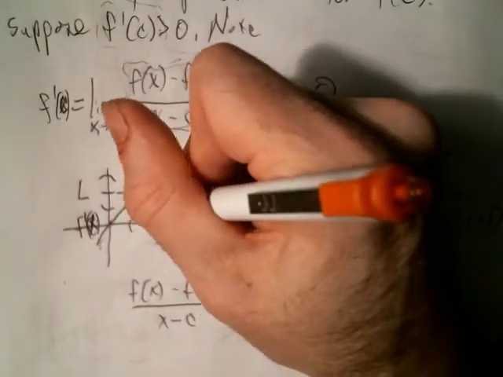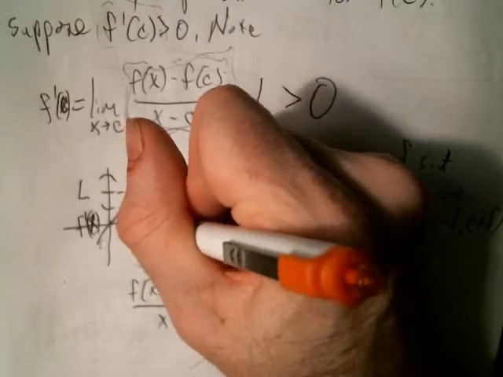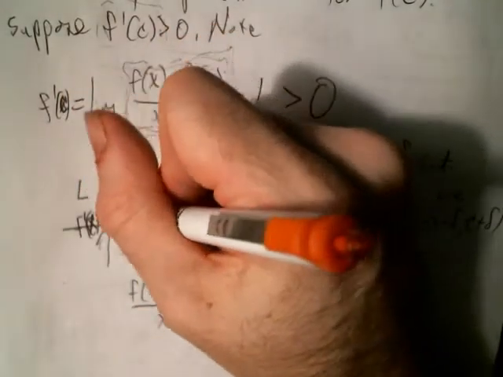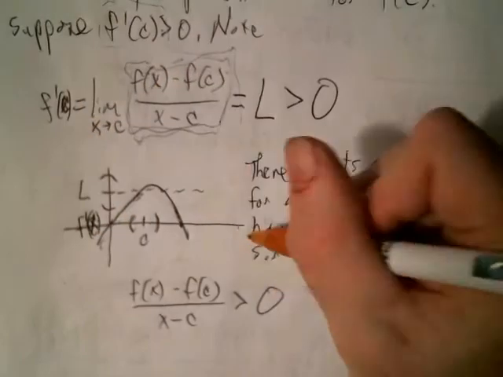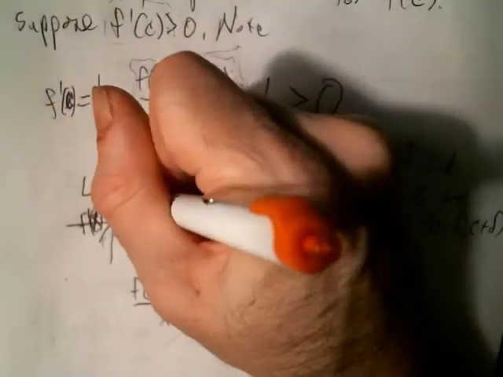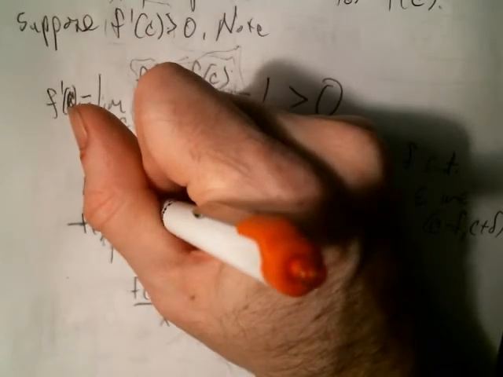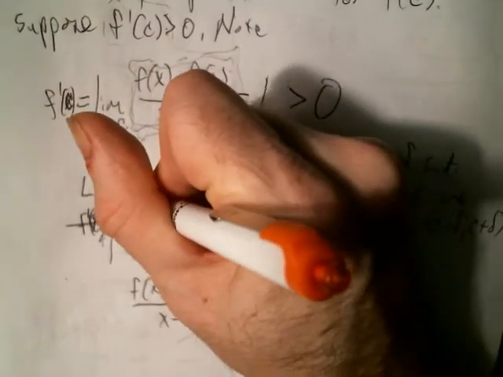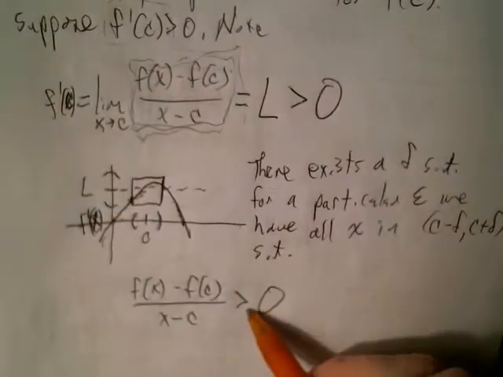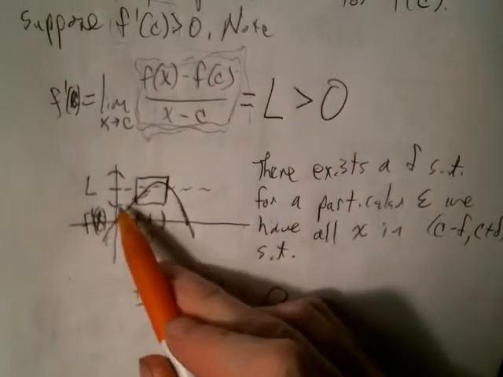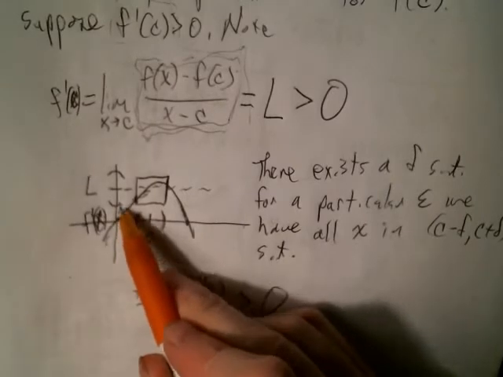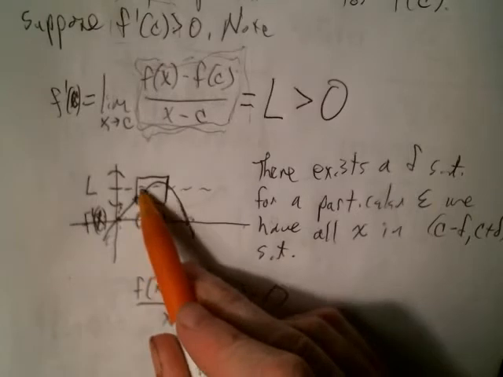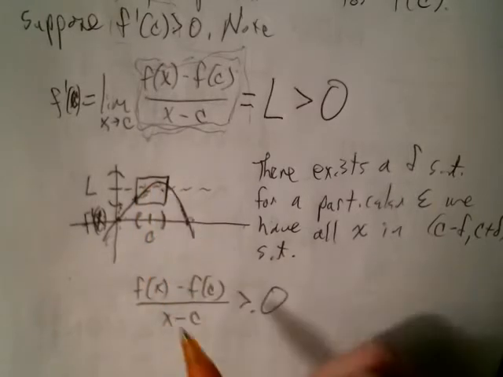But for some interval around c, you're going to have y values that are all kept away from the x-axis. In other words, all of the values on the graph from here to here in this box are going to be greater than 0. And you can see they're clearly restrained away from the x-axis. All these y values are greater than 0.